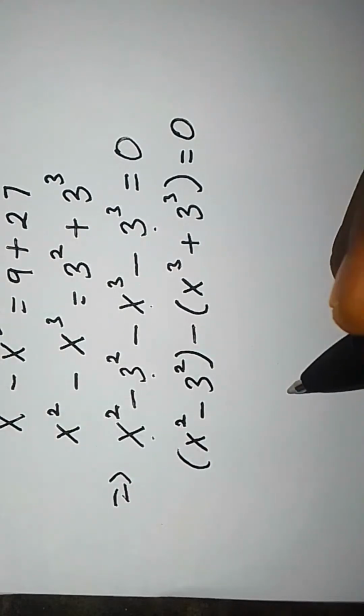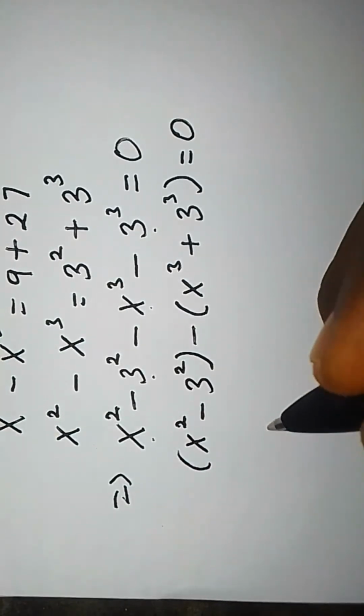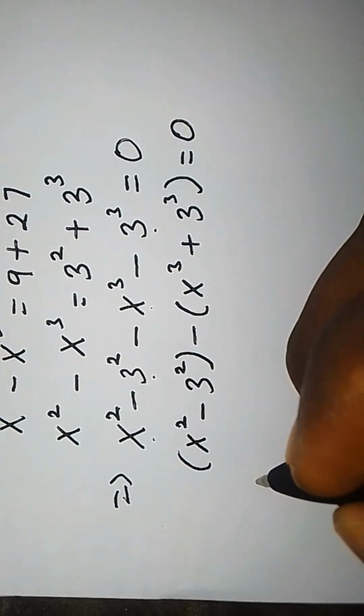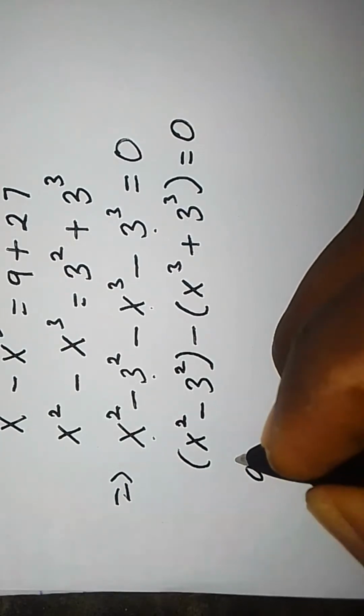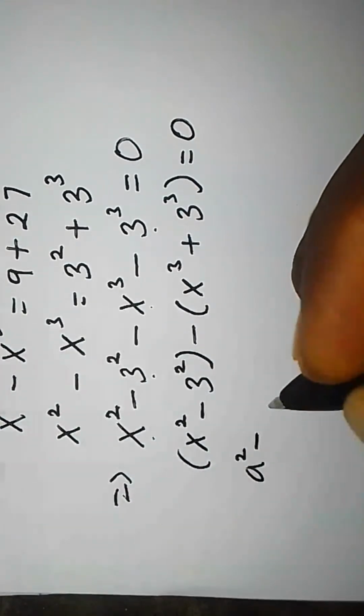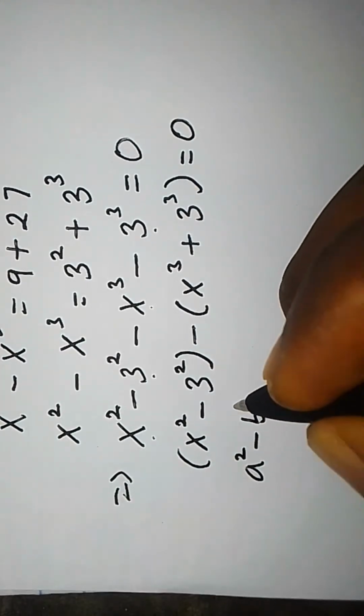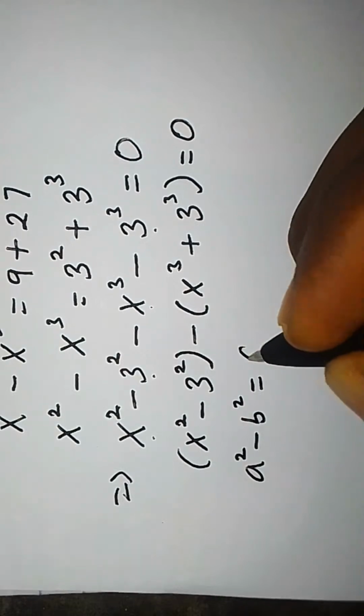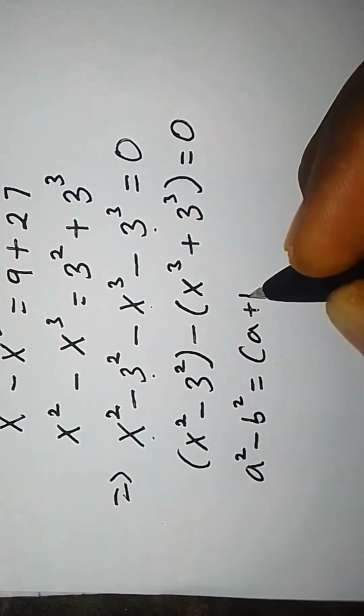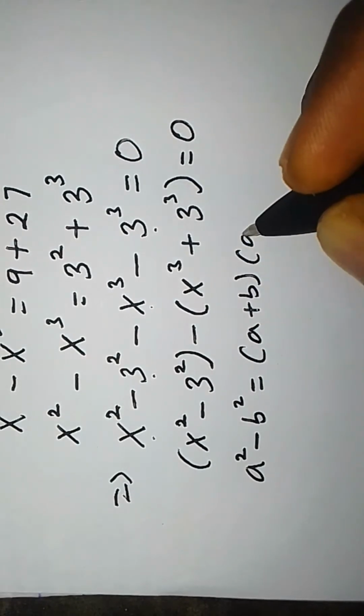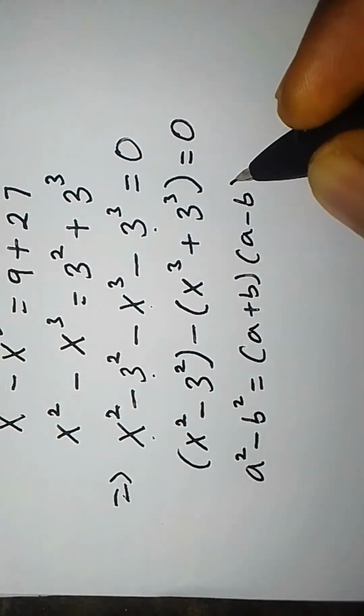Now, let us recall some nice identities. The first one is difference of two squares: a squared minus b squared is equal to a plus b times a minus b.